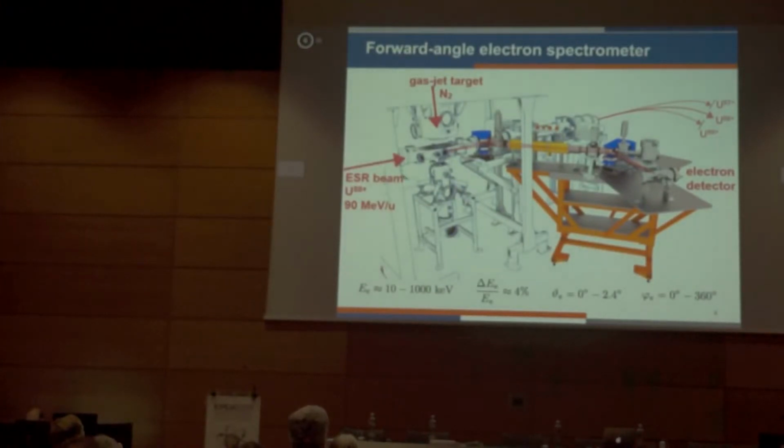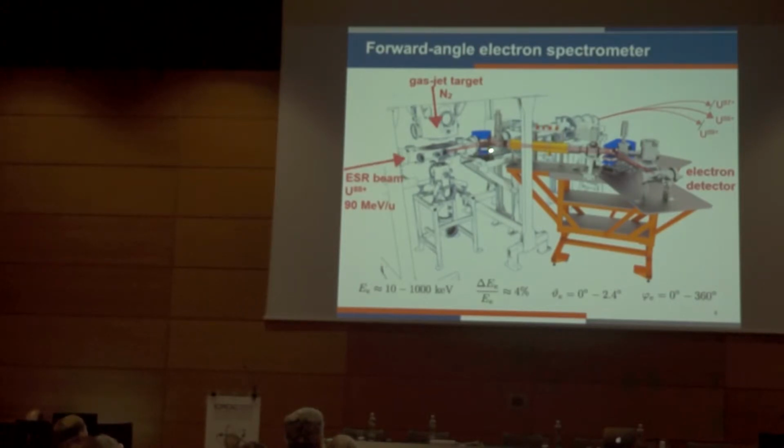So more closely, it looks like this. The beam is coming from the left. The gas jet target is coming from the top to the bottom, and the electrons are emitted into the forward direction. Then we have 2 dipole magnets and a quadrupole triplet to separate the electrons from the ion beam and to guide the electrons onto an electron detector.